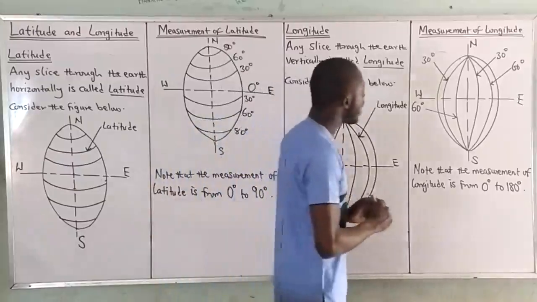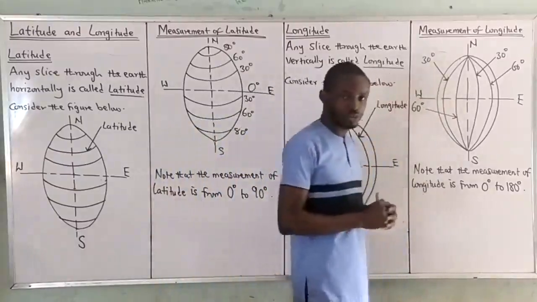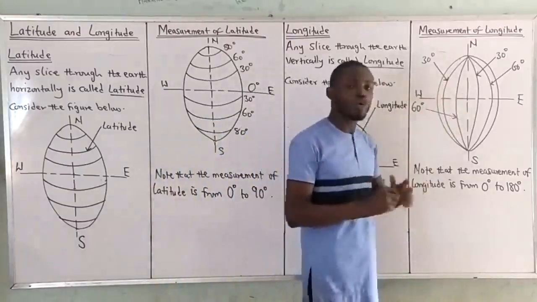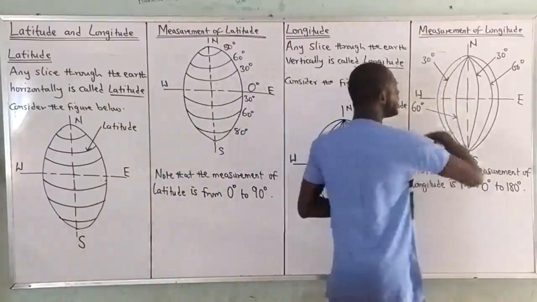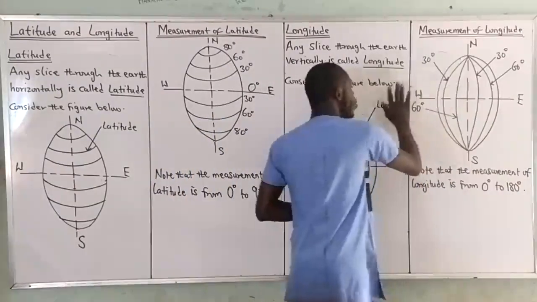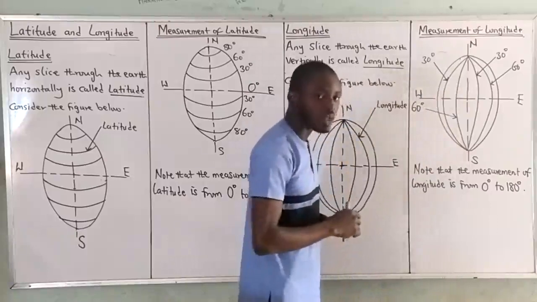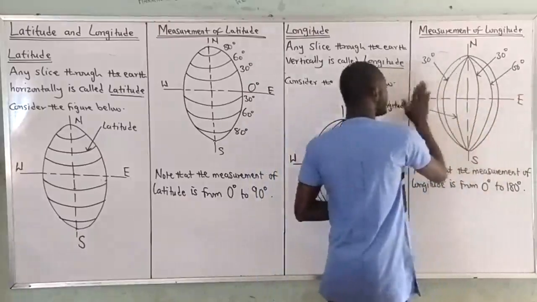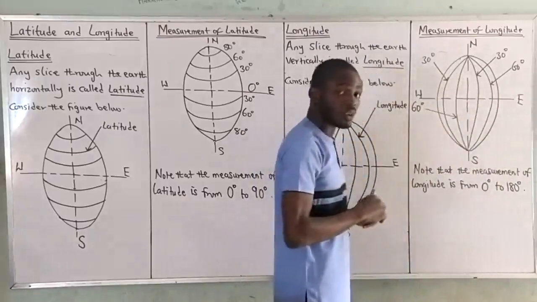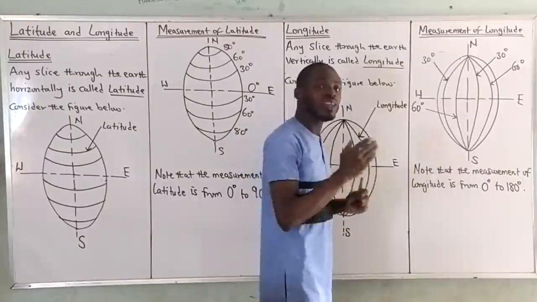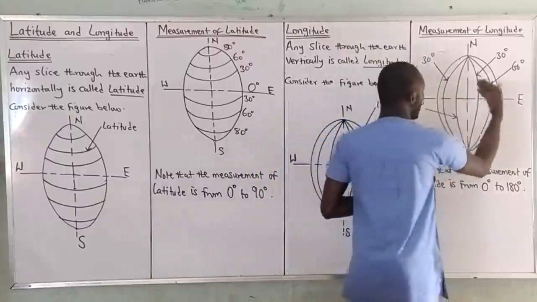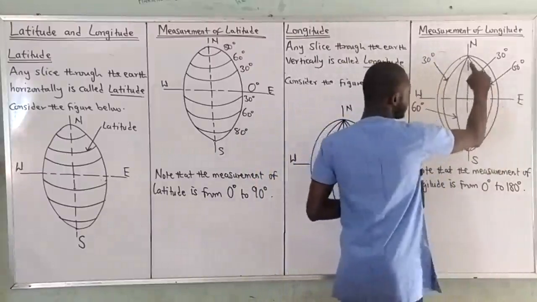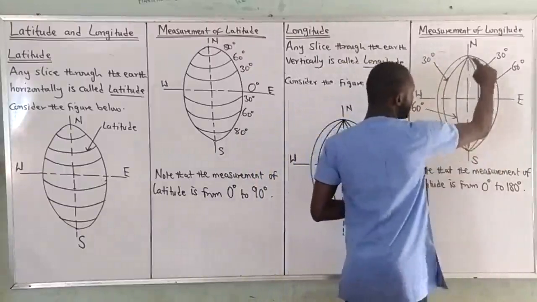Now, how do we measure longitude? The measurement of longitude is either towards the east or towards the west. Take note of that. Whichever way, the increase is outward as well. You can see this is 30, followed by 60.